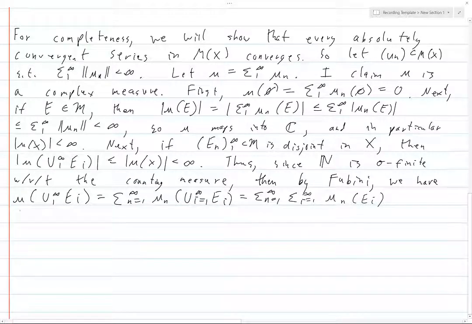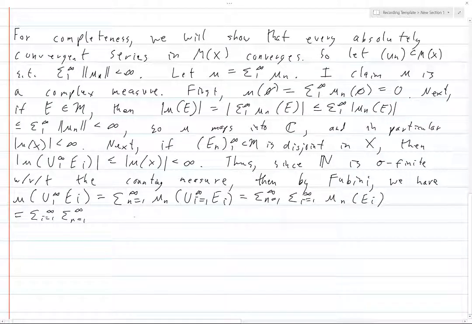And then here's where we use Fubini's. This is basically an integral of an integral, so we're flipping the order of these integrals with respect to the counting measure. So this is the sum from i equals 1 to infinity, sum from n equals 1 to infinity.